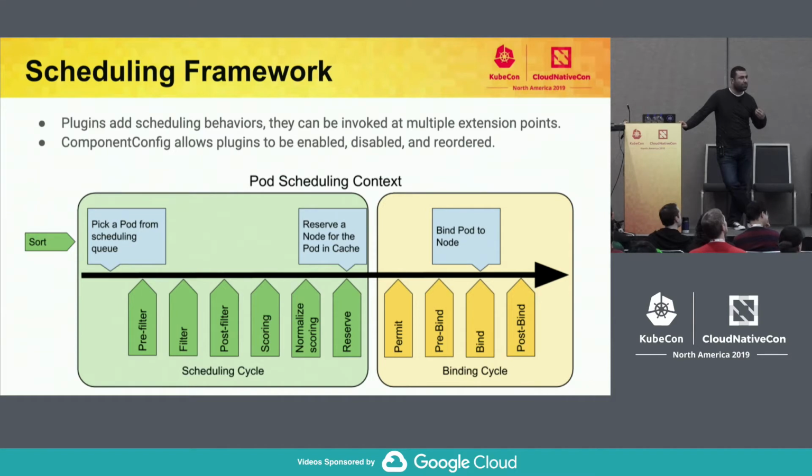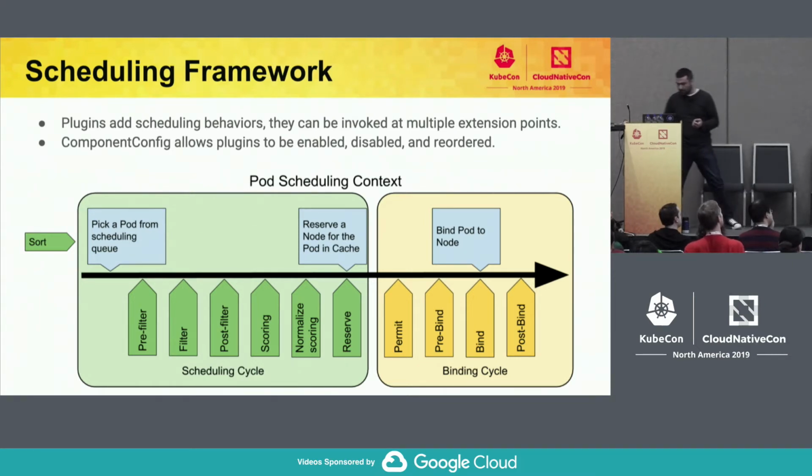And that's what we would usually do in a pre-filter phase. In a pre-filter phase, we look at the pod state, or even the cluster state, and we summarize it. Then for each node in the filtering phase, we execute the filters using the exact same metadata, let's call it, or pre-calculation, that we did in the previous extension point.